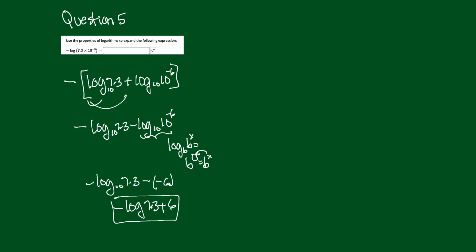And I just have a feeling they're going to ask us to go a little bit further. So what I've got here is negative the log of 7.3. I'll go ahead and write the 6. But really, it says negative 1 times the log of 7.3 plus 6. Now, I've got a multiplier out here, and I know multipliers come up as exponents.